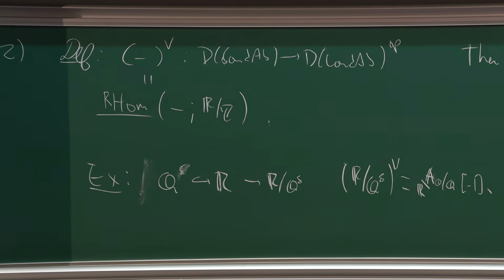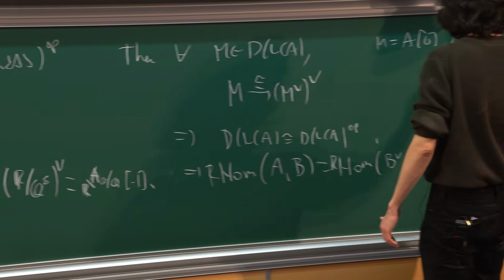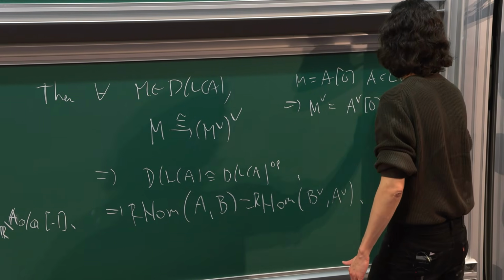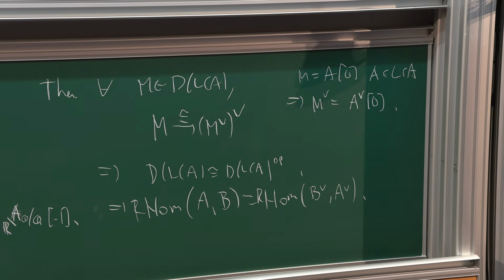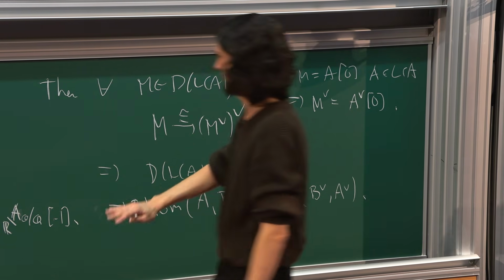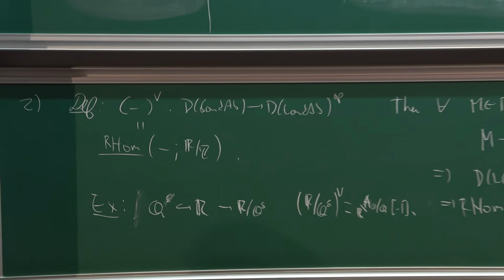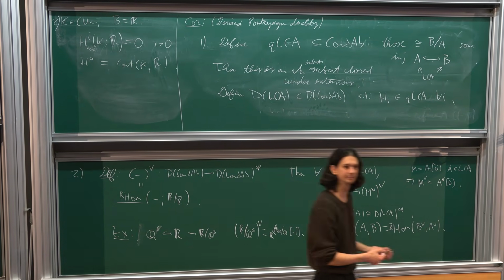But then I should add to this, if M is A in degree 0, where A is in LCA, then M dual is the usual Pontryagin dual of A sitting in degree 0. So usual Pontryagin duality is a special case of this derived Pontryagin duality. But this example shows that if you start with something in QLCA, it's still in degree 0, but the derived Pontryagin duality puts it not in degree 0, but somewhere else.